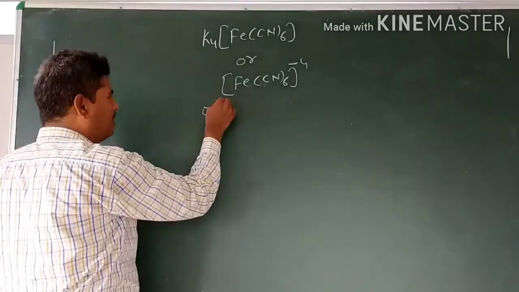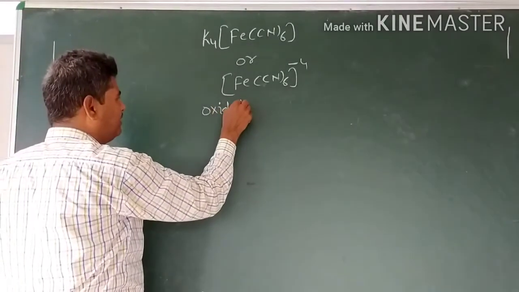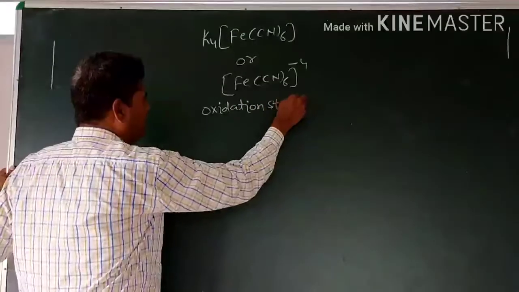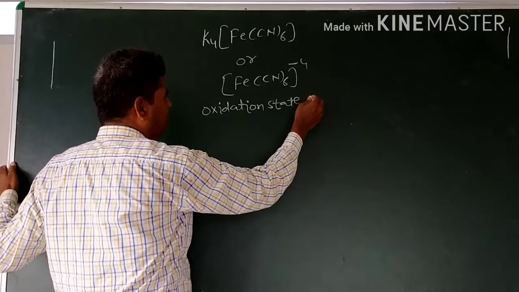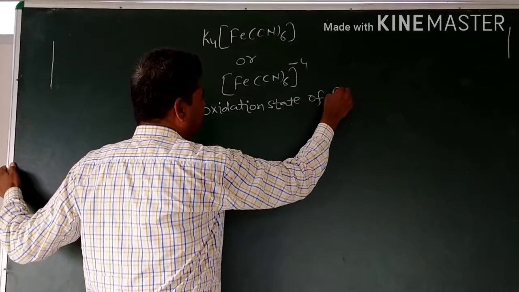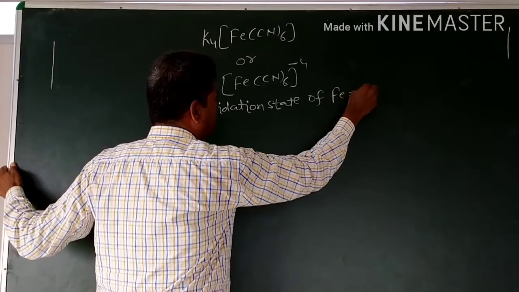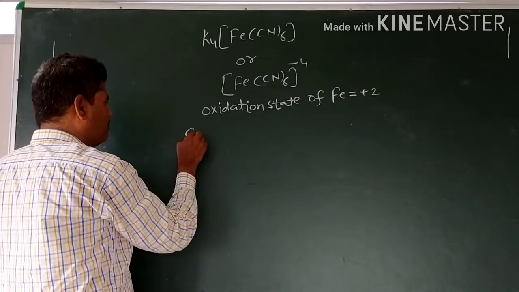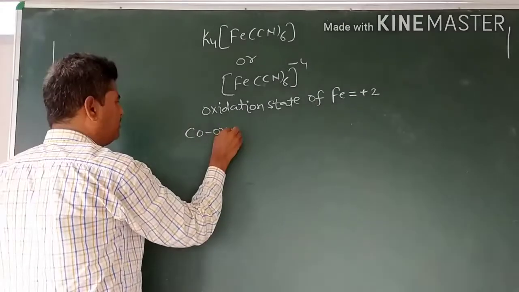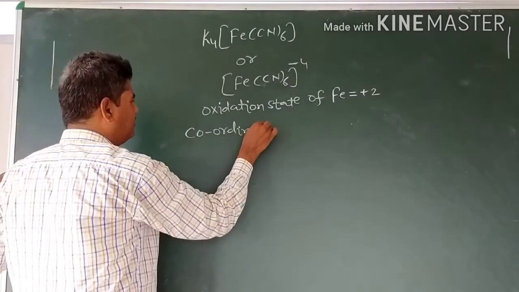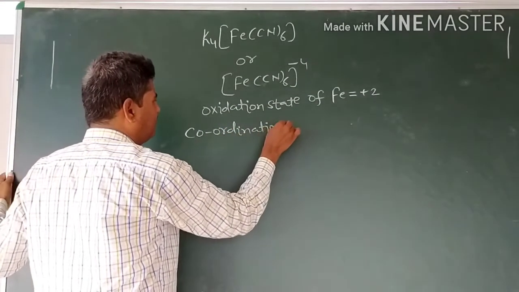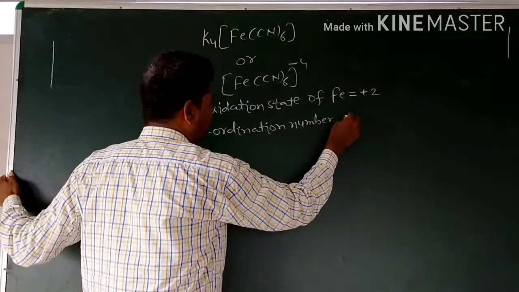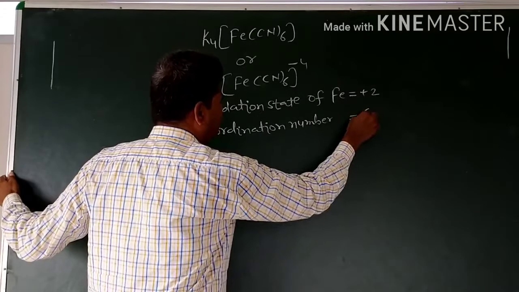Oxidation number or oxidation state of Fe is +2. Coordination number is equal to 6.